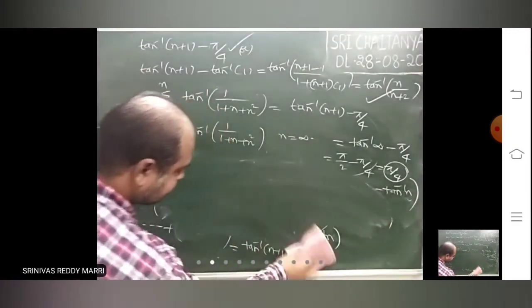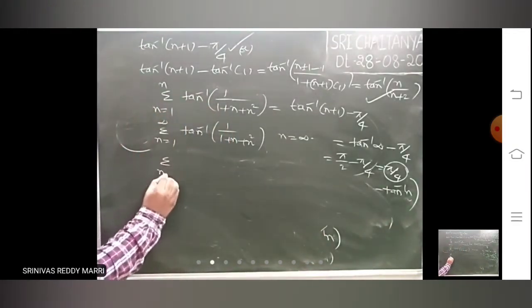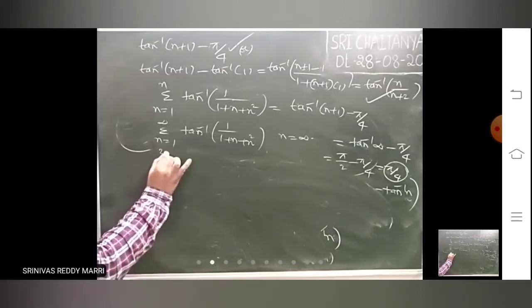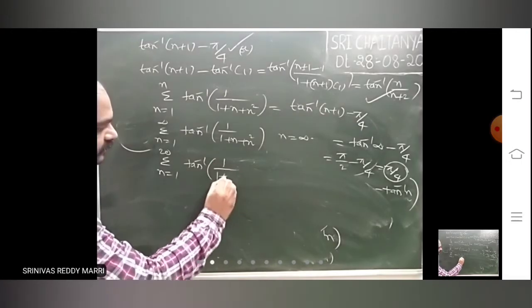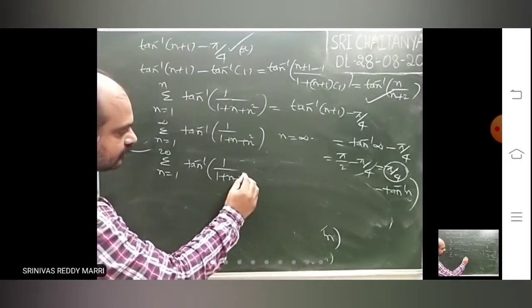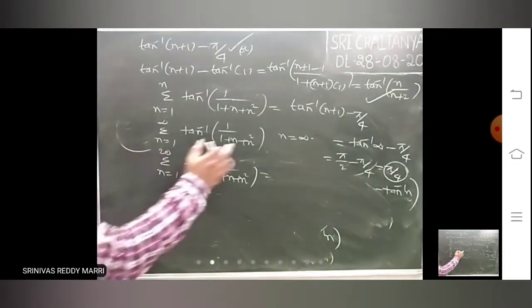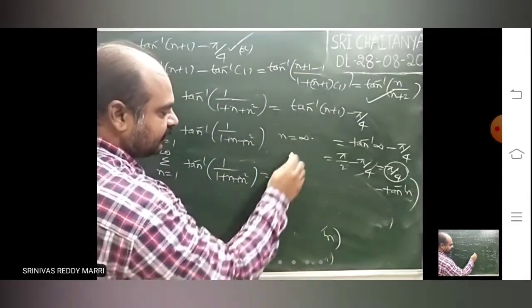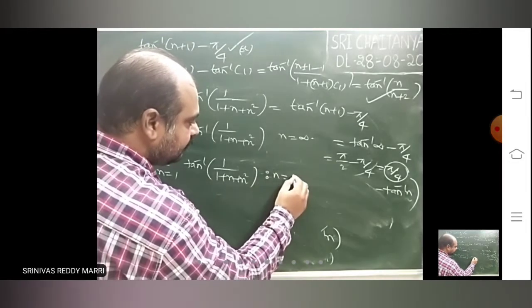Suppose if he asks like this, n equal to 1 to 20, tan inverse. That means 20 terms, n terms you know. If you calculate this one, substitute n equal to 20.